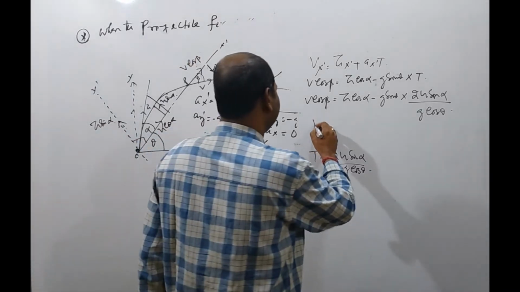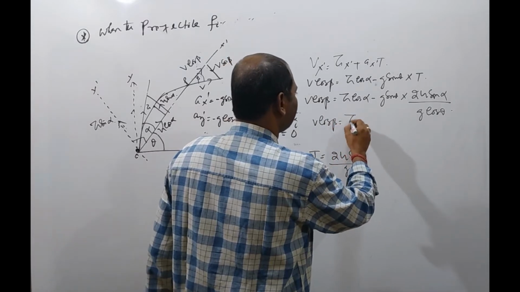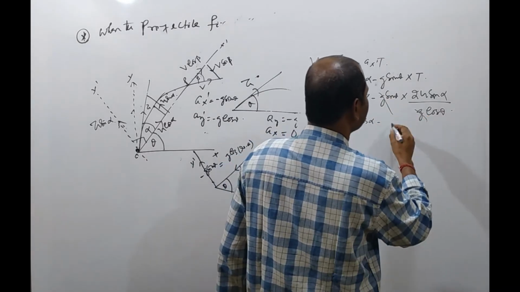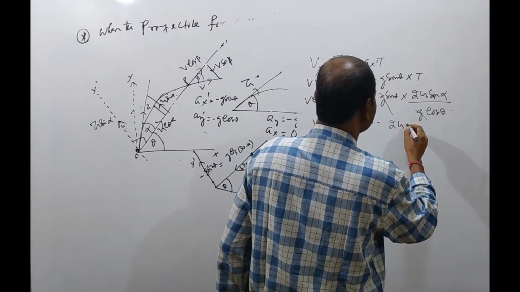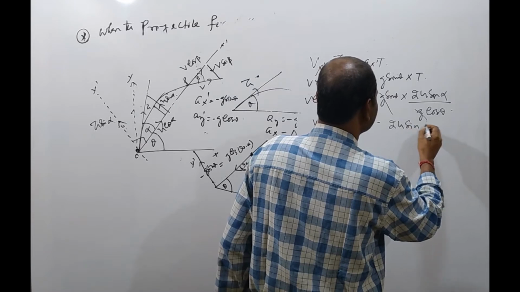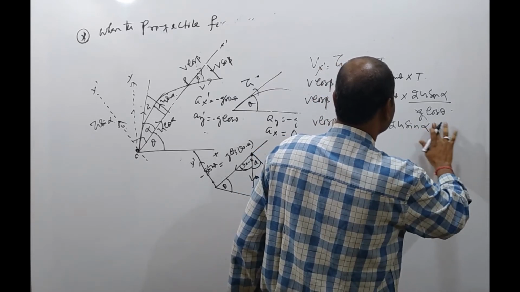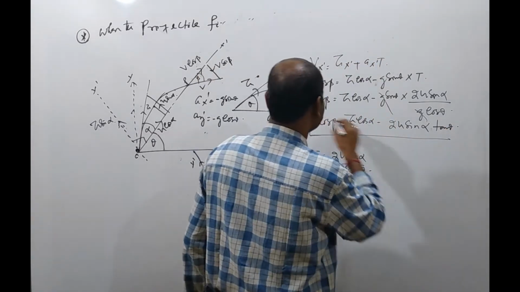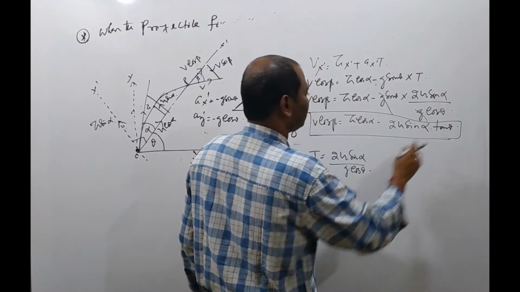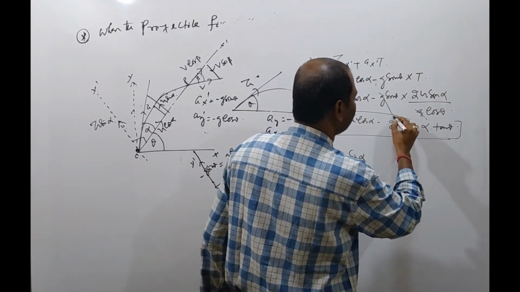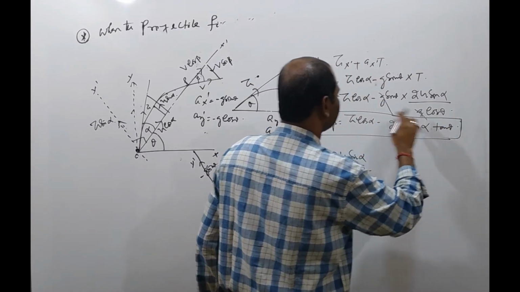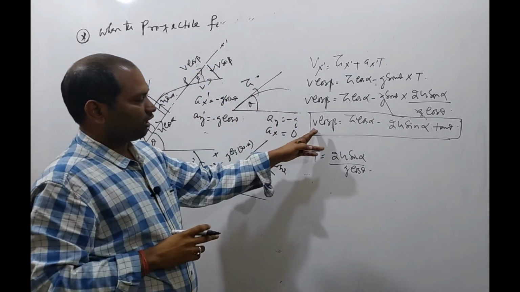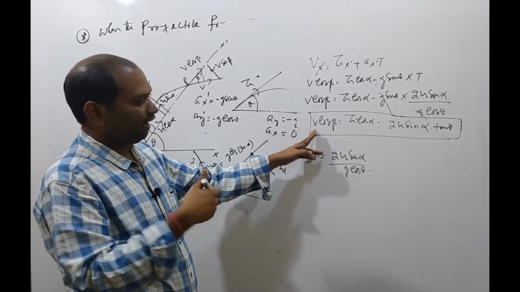Okay, then v cos beta is equal to u cos alpha minus 2u sin alpha into tan theta. Okay, here you see v cos beta, this is the final velocity in x axis.